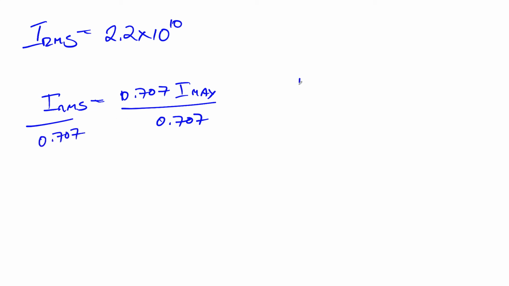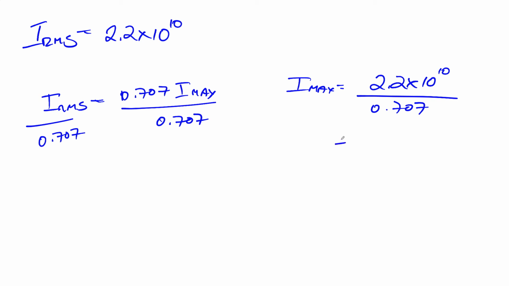And then we have Imax is equal to 2.2 times 10 to the 10th divided by 0.707. And so if we add this to our calculator, 2.2 times 10 to the 10th divided by 0.707, we should get 3.1 times 10 to the 10th. So that's the Imax of this thing.